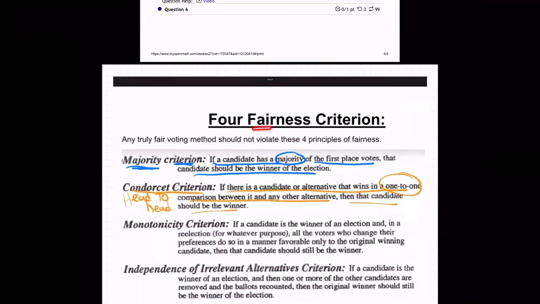These are ideas of fairness. If anybody has more than half of the first place votes, if more than half of the people like them as the first choice, that person should win the election, right?